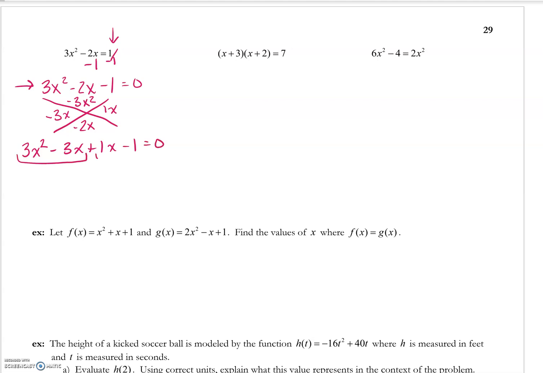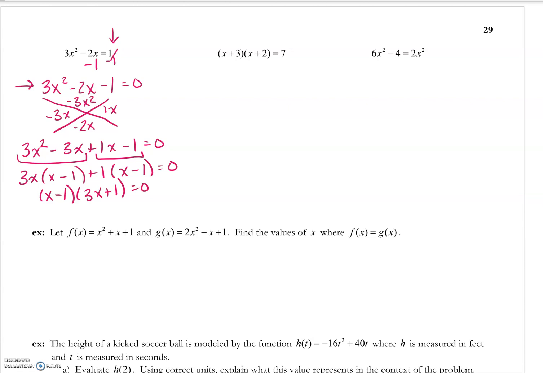I'm going to group them, first two terms and second two terms, and look for GCFs. With this first group, my GCF is 3x, and I'm left with x minus 1. And with this second group, my GCF is 1, and again, I'm left with x minus 1. Then in factored form, I have x minus 1 times 3x plus 1 equals 0.